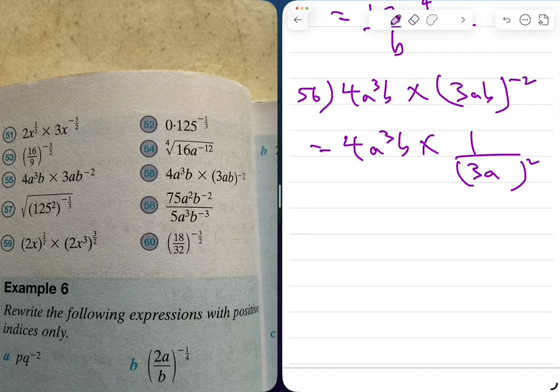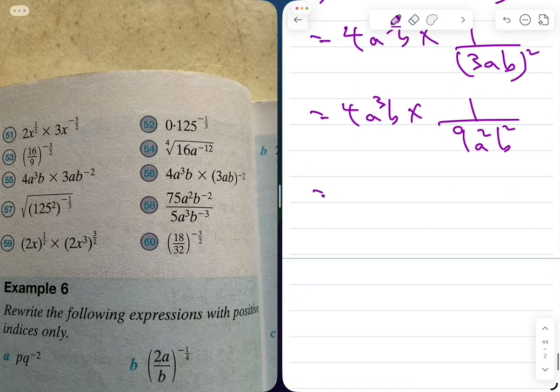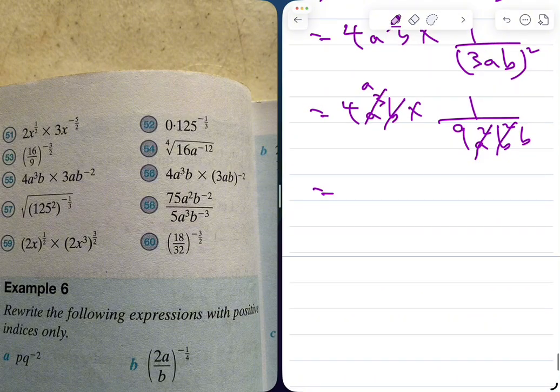Let's write that b properly. And this is the same as 4a cube b times 1 over the square of 3 is 9. The square of a is a raised to the power 2. The square of b is b raised to the power 2. And that's equal to a square in a cube is a, b in b square is b.